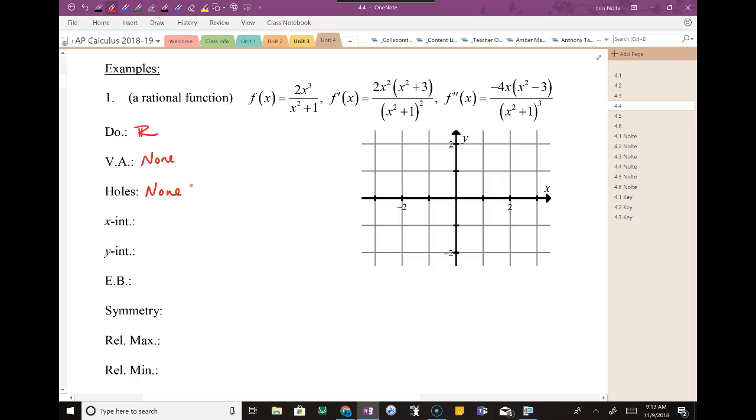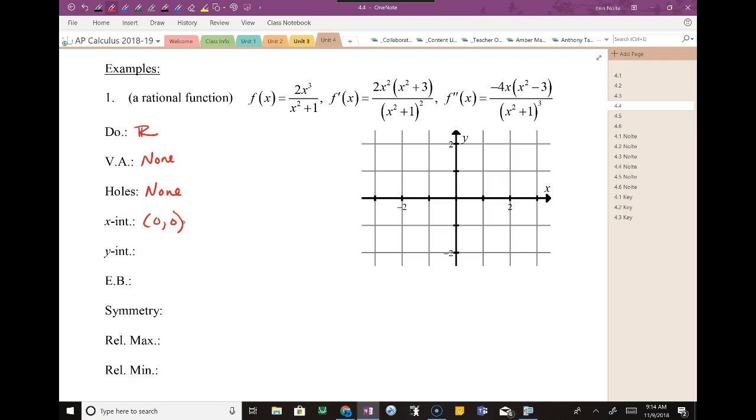The x-intercepts. An x-intercept is where I set the equation equal to 0. If I'm working with a rational equation, that's basically just setting the top equal to 0. So if I set the top equal to 0, where is my x-intercept? 0. So (0, 0). Just so you know, they like to list intercepts as points, so it's probably good to get into that habit.